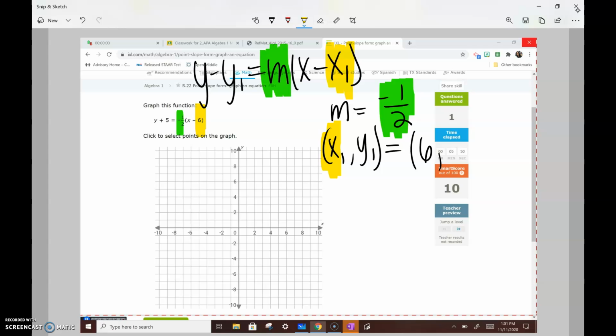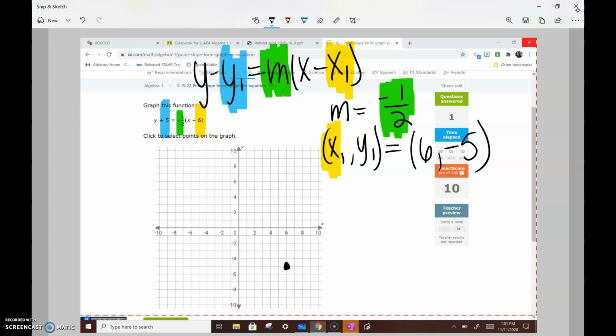And my y1, they have +5 there, so that means I want -5. Okay, so from here, I'm going to plot the point that I started with. So I'm going to plot 6, -5.